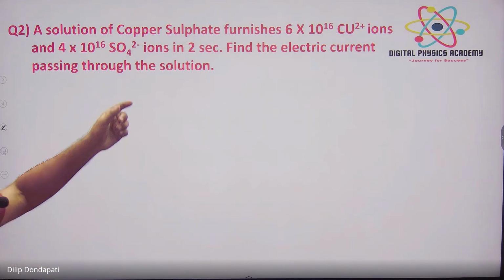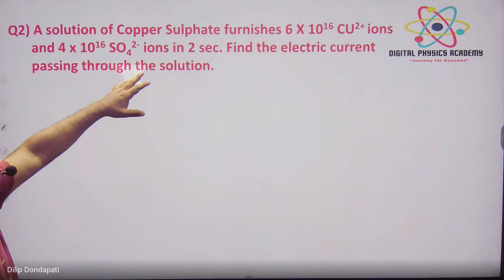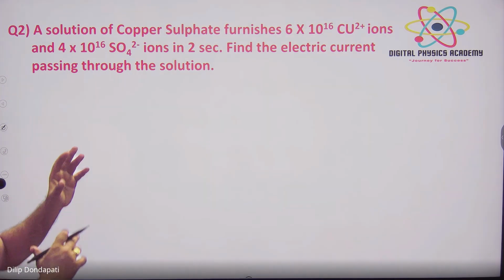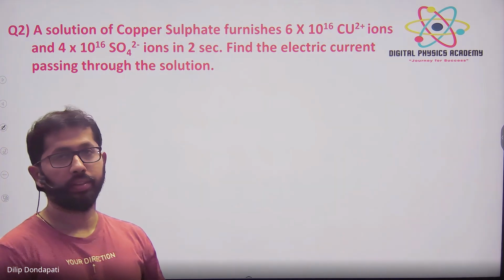Let's go. A solution of copper sulfate ions. This many copper ions are there, this many sulfate ions are there. In 2 seconds this much passes through the solution. Find the current passing through this solution. How much current is flowing in the solution? So here, is the current due to positive ions or negative ions? Both. The current will be both, right?